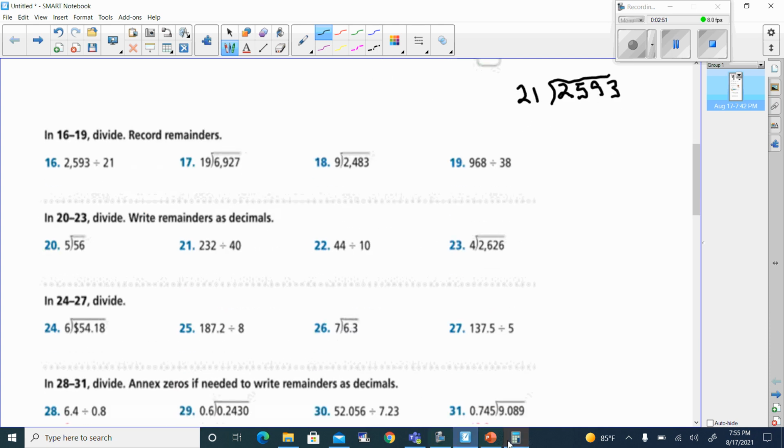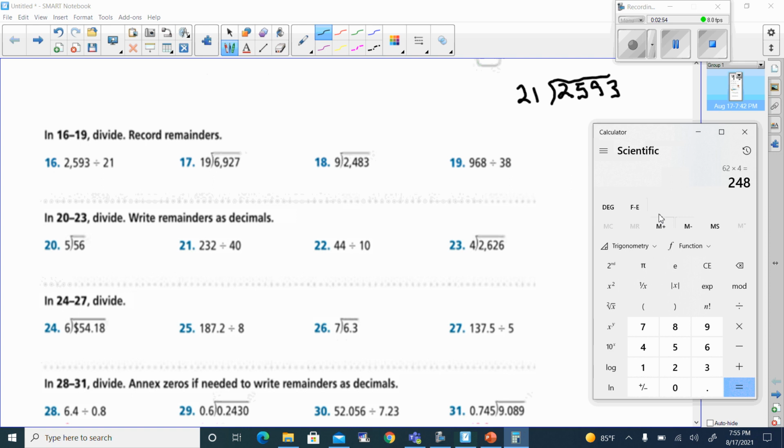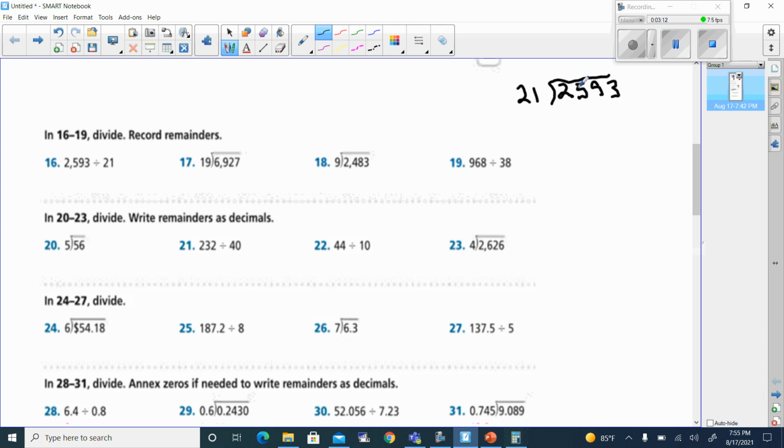I guess if I wanted to put a decimal there, I would just say that I know that 2,593 divided by 21 is going to equal, well, I know it's going to be 123 and all this. So let's see here. We know it's already going to be 123. That's a good head start, right? So we know that this is going to be 21 because that's 21 times 1.